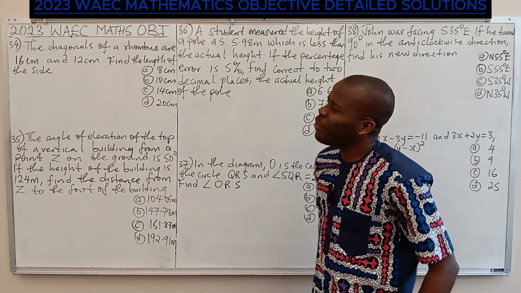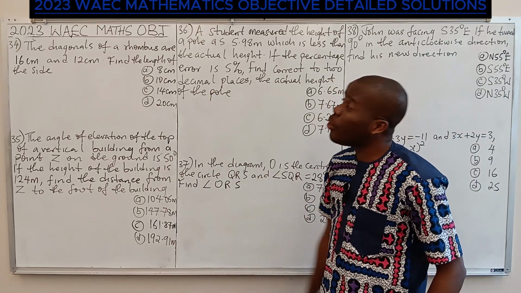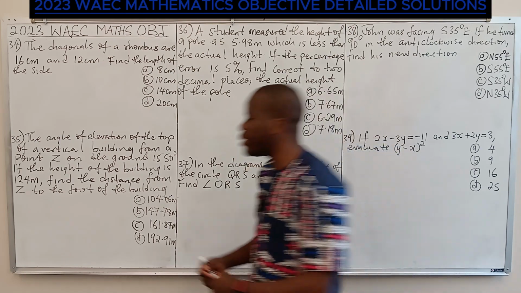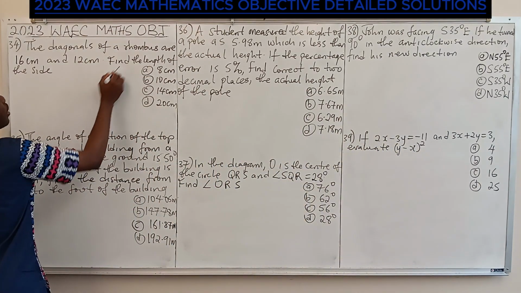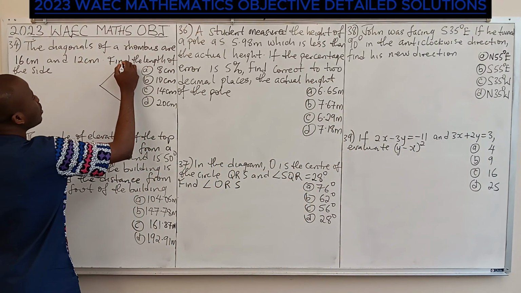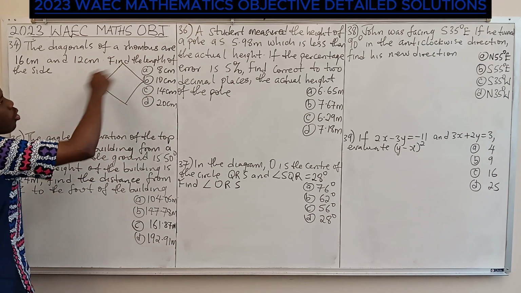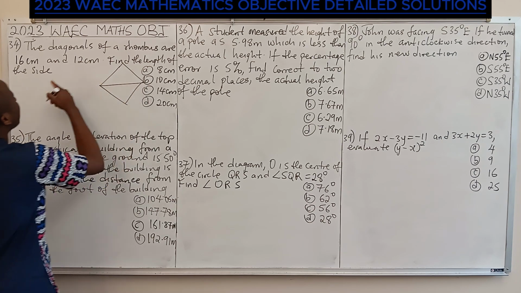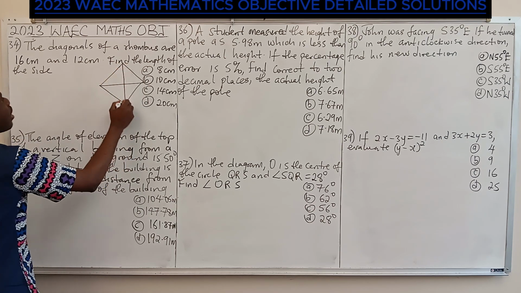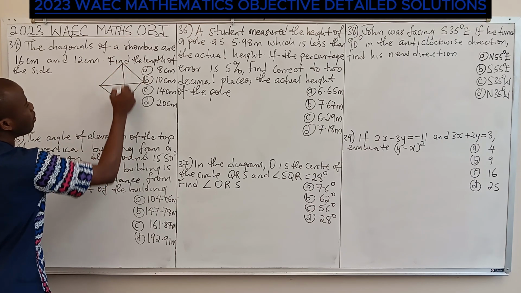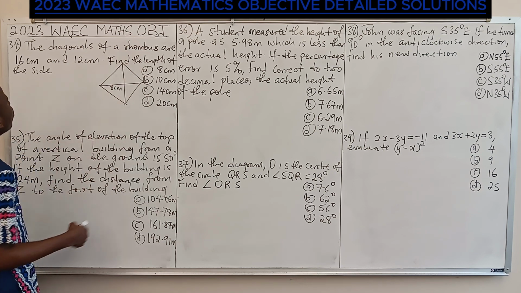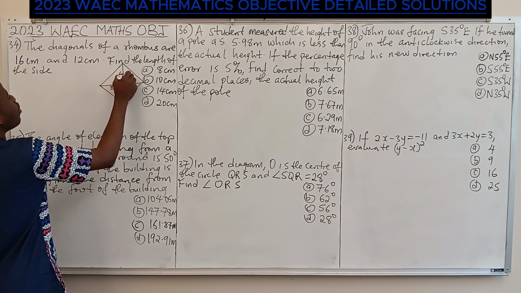So question 34 says, the diagonals of a rhombus are 16 cm and 12 cm. Find the length of the side. A rhombus is a square that is tilted. All sides are equal. So if the diagonals are 16 and 12, if here is 16, dividing by 2 gives 8 cm, and if here is 12 cm, there will be 6 cm.